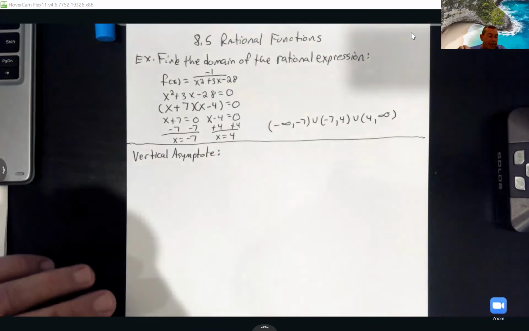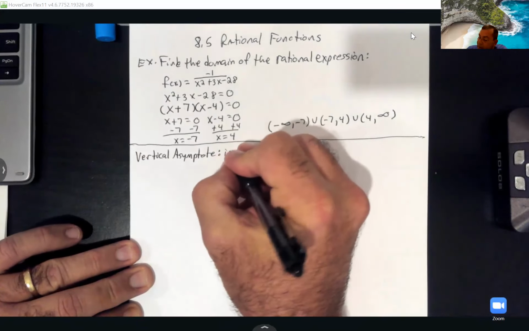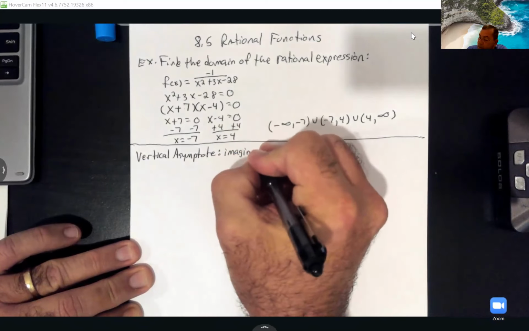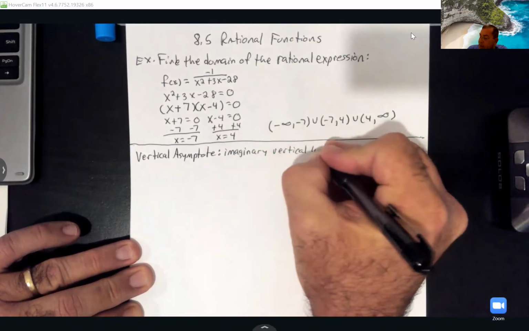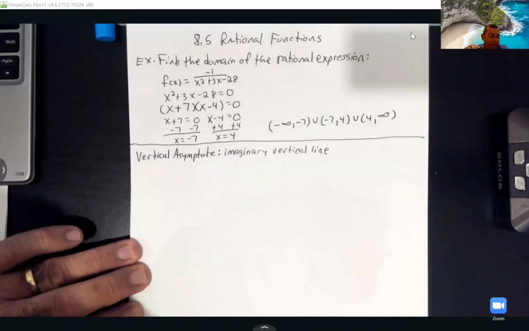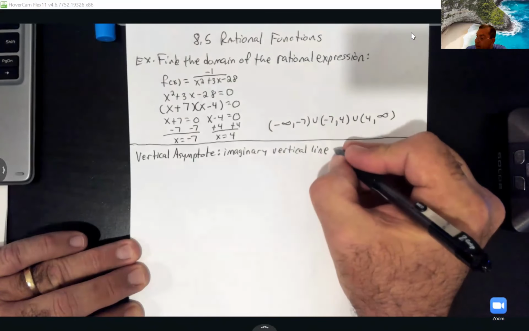A vertical asymptote is an imaginary vertical line that occurs where a function is undefined.